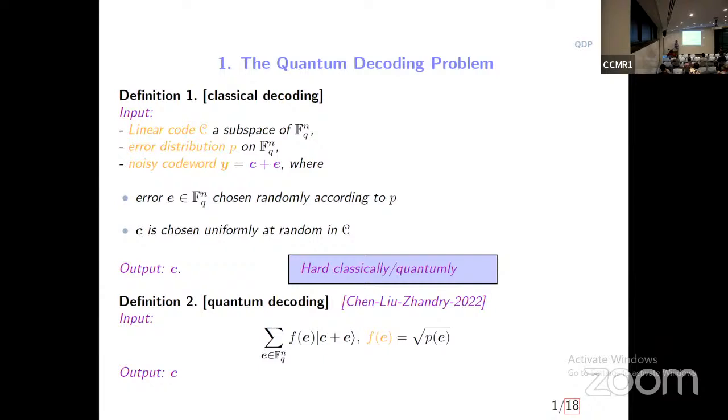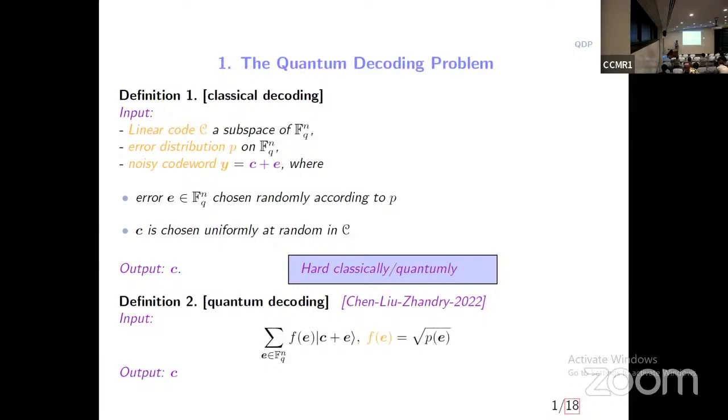Now let's look at a related problem which can be viewed in some sense as a quantum version of this problem. Instead of giving C plus E, for a given C I look at all possible noisy versions C plus E and take a quantum superposition over all possible noise values, with the amplitudes chosen in such a way that if I measure this state, I get C plus E exactly with the right probability.